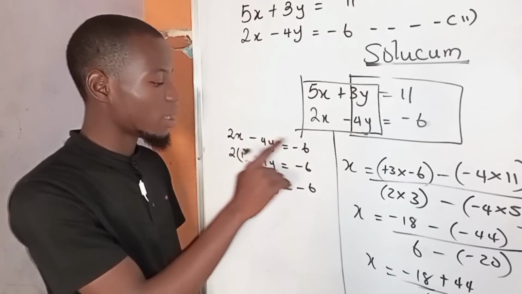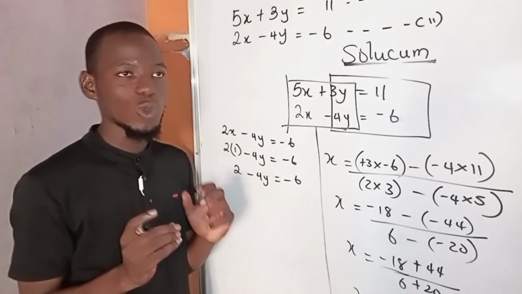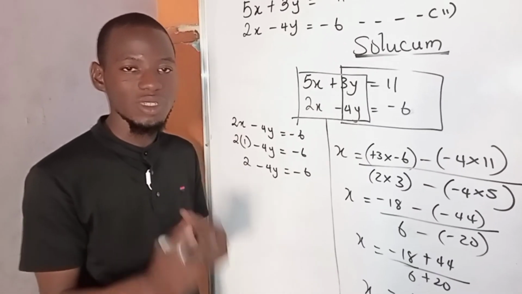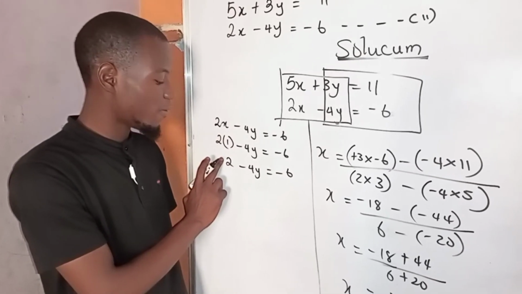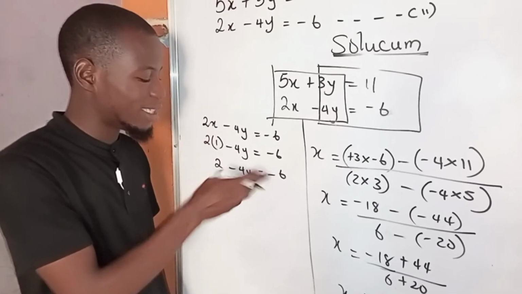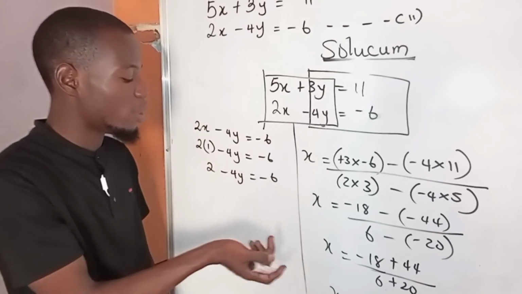Then your 2 can be carried to the other side. Now take note. I define equal to as an engine that has the ability to change the sign that crosses over it. So when you see a 2 here has an invisible plus, when it crosses this equal to, an engine that has the ability to change any sign, this is a plus, going to the other side will become a minus.